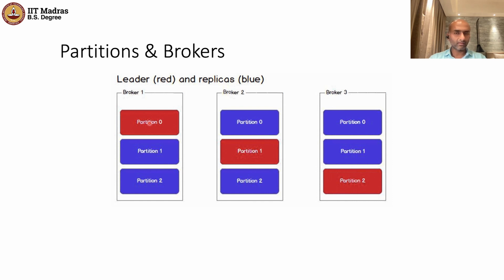By default, it's 3, including the primary. It takes the data sent to that partition and also sends the same data to the two other places where the replicas of that partition exist, like in this case, broker 2 and broker 3. That happens through a peer-to-peer data exchange, from partition 0 of broker 1 to partition 0 of broker 2 and partition 0 of broker 3.